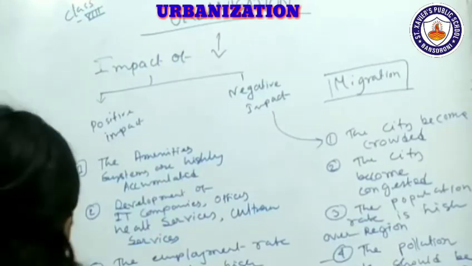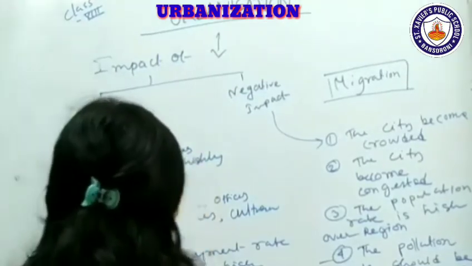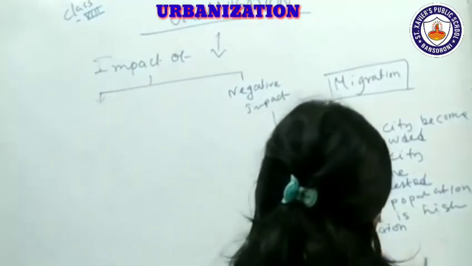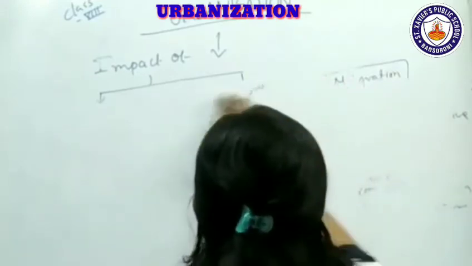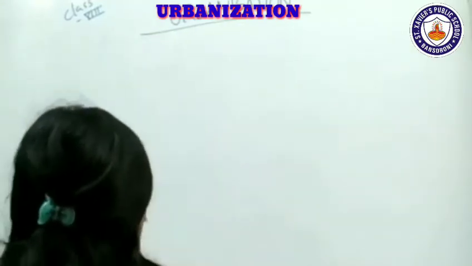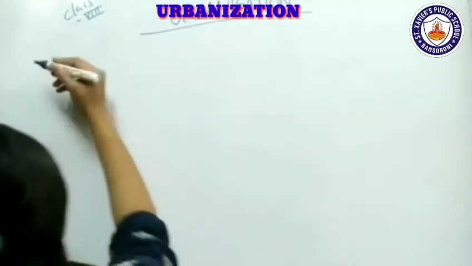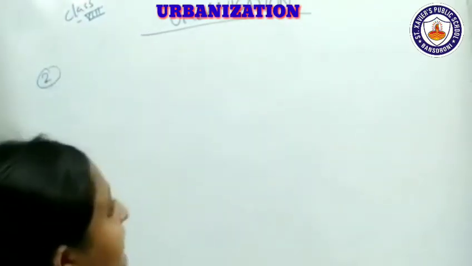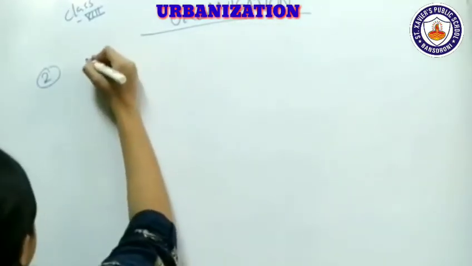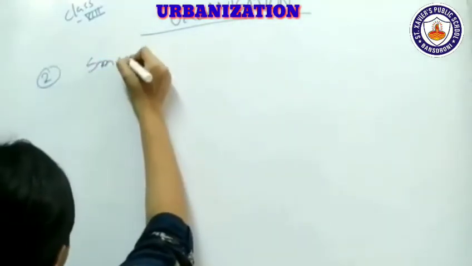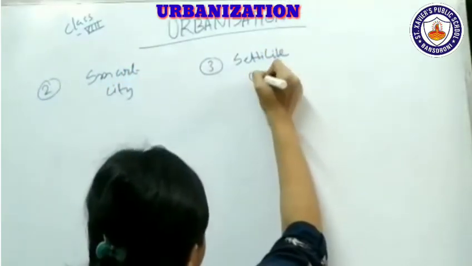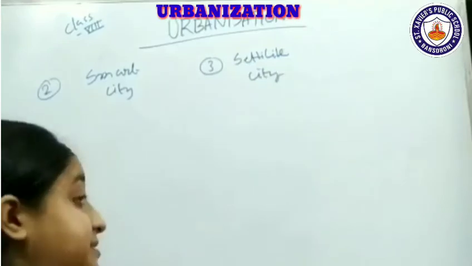So next I will discuss two types of cities which are included under the urbanization process. That is the first part, and the next part is that there are two types of cities also included in the urbanization process. The first one is the smart city, the second is the satellite city. What is a smart city?